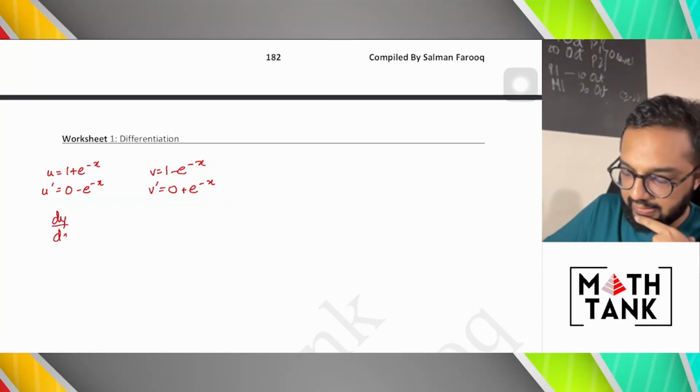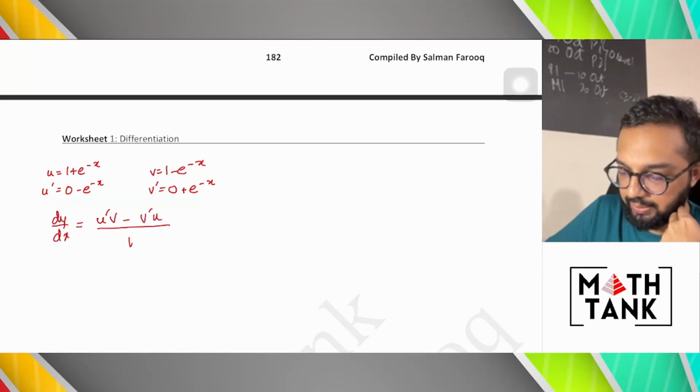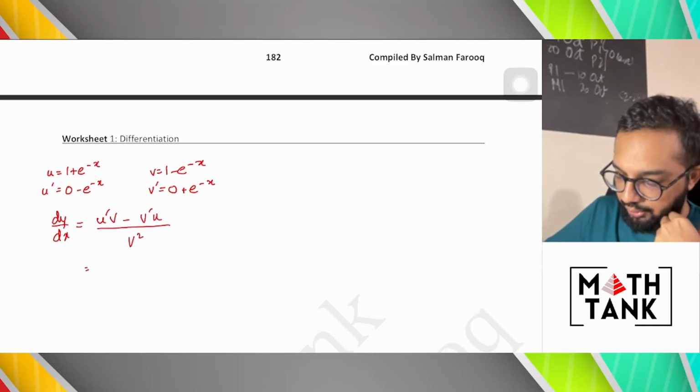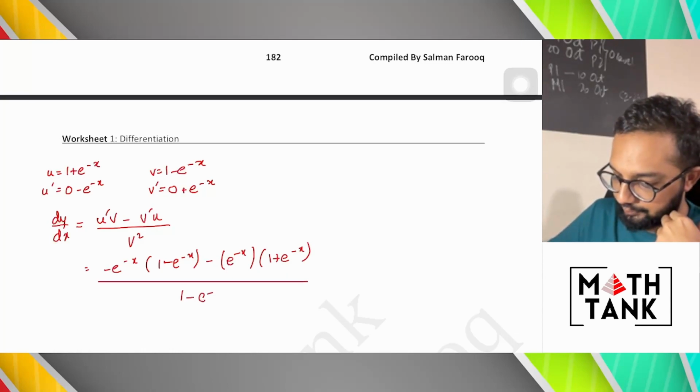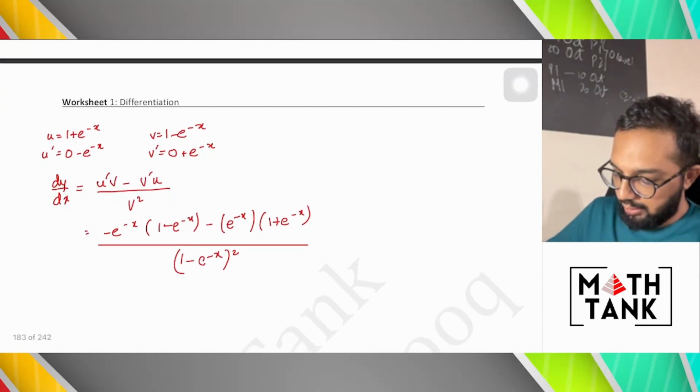So dy by dx for the quotient rule is u dash v minus v dash u over v squared. Let's first simplify this, then see what the objective of the question is.